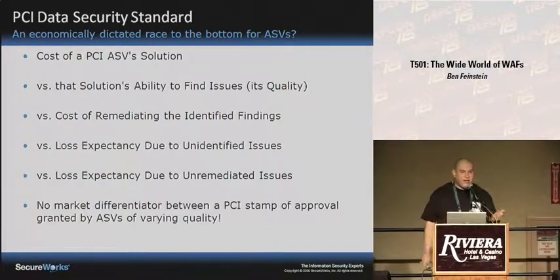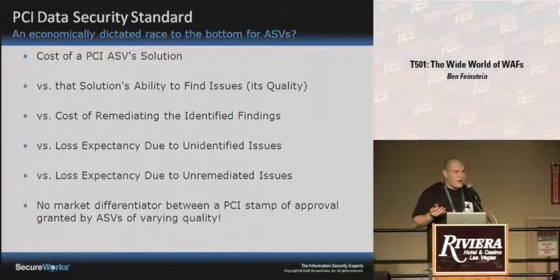The real problem here is that there's no market differentiator whatsoever between a PCI stamp of approval from one ASV or another. They all have varying levels of quality. Some ASVs will identify more issues than others. But if I'm becoming PCI compliant, a rational economic approach would say buy the cheapest, lowest quality scanning vendor I can find.